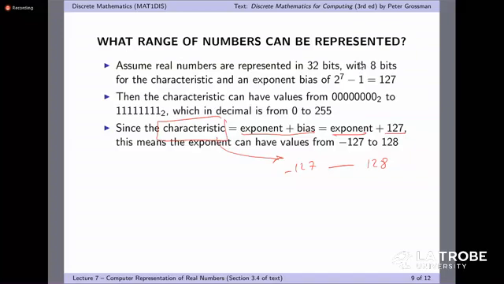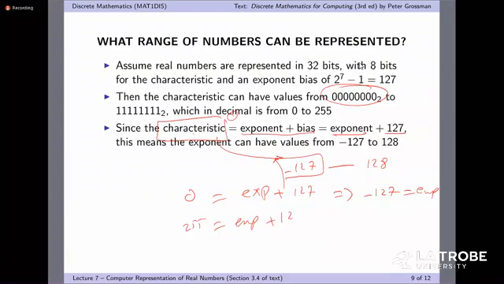How did I get that? For example, when the characteristic is 0, 0 equals exponent plus bias. Bias is 127, so you take that number to the other side, which implies negative 127 equals exponent. So this is the minimum value you're going to get. The maximum value you're going to get is when you put 255: 255 equals exponent plus 127, which equals 128. So the exponent's maximum value is 128 and the minimum value is negative 127.